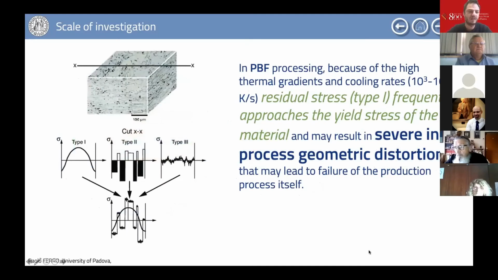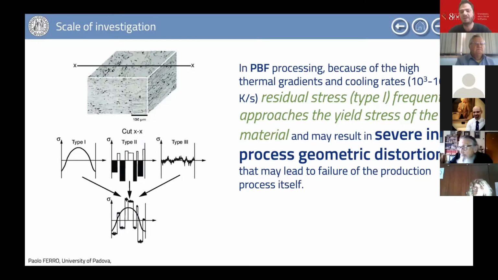On your left there is an interesting figure that shows the different scales of residual stresses and the results that can emerge from their investigation. If you consider, for example, a cross section XX in this picture, you can see type 1, type 2, and type 3.